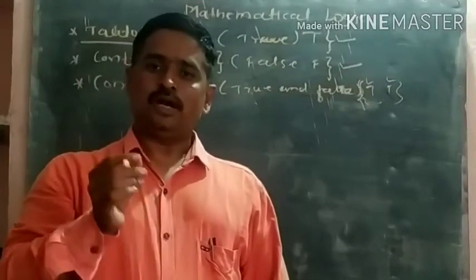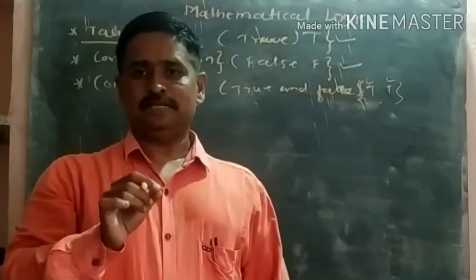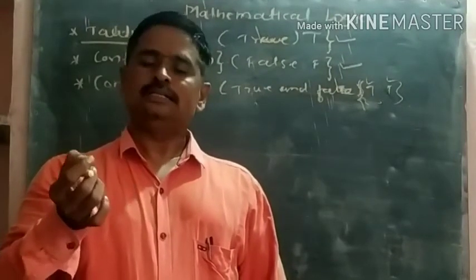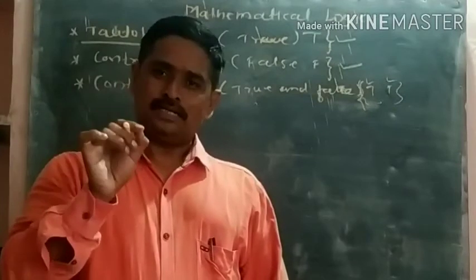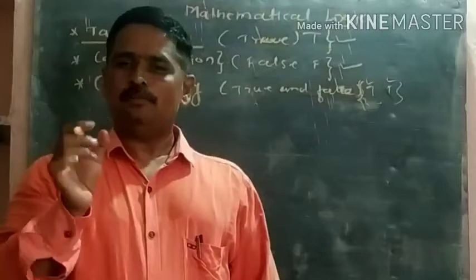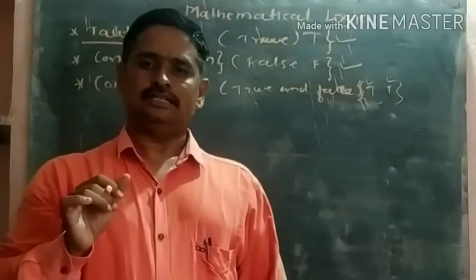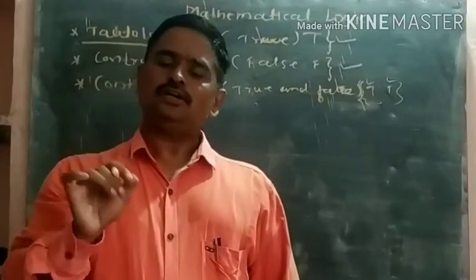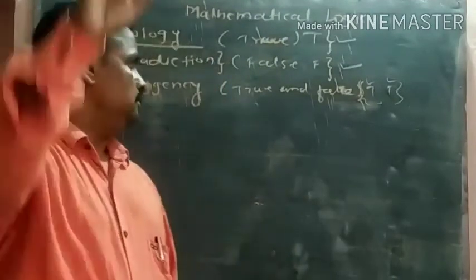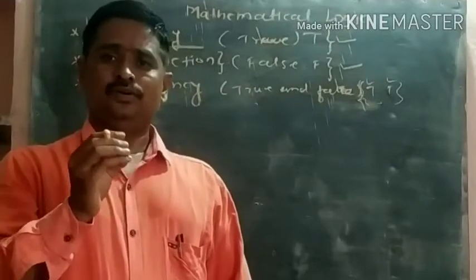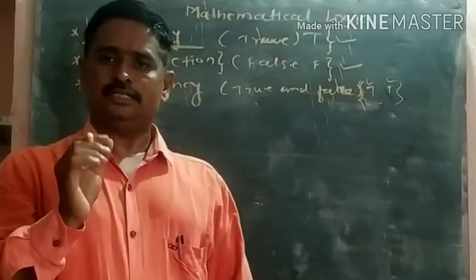And if the entries in the respective column are both T and F, that means true and false, then it is neither a tautology nor a contradiction. It is a contingency. So this is the theory for tautology, contradiction and contingency.